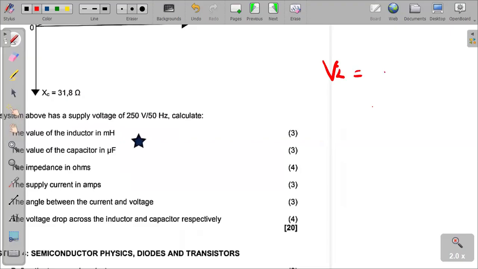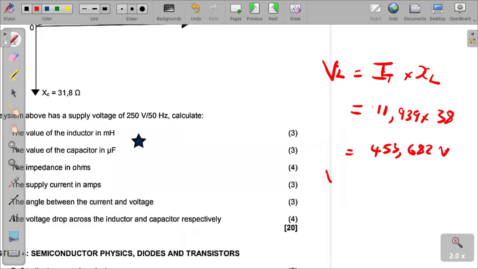It's going to be IT, the supply current, multiplied by XL, the inductive reactance. So we take the total current of the circuit, 11.939 that we calculated there, multiplied by 38. And that will give us 453.682 volts.